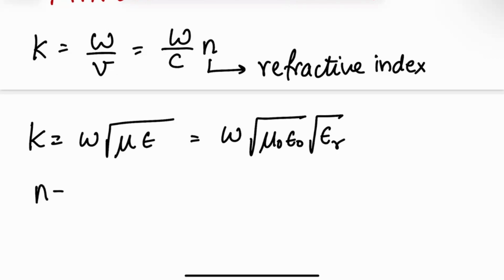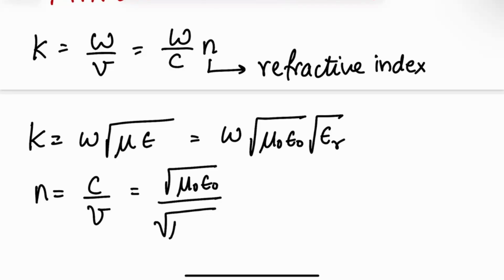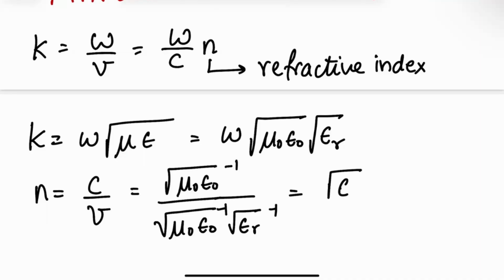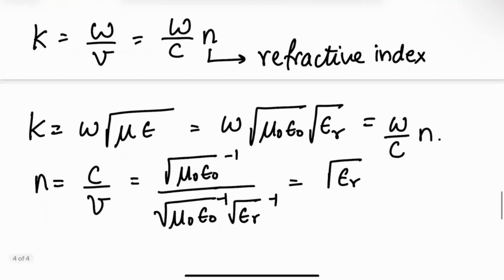So if I define n as the ratio of the speed of light in free space over the speed of light in the medium, it's the inverse of this, and that just becomes square root of epsilon r. And that's why k is nothing but omega over c times n. They're all representing the same thing.